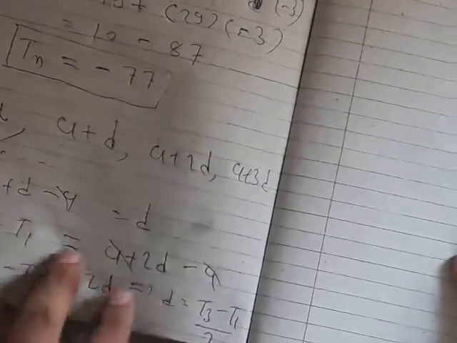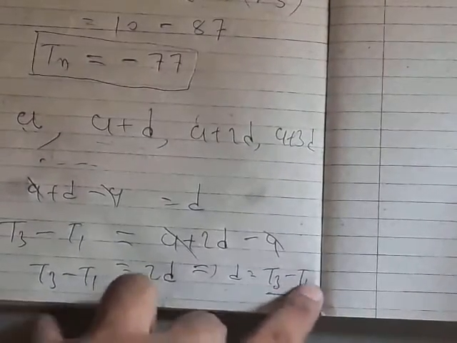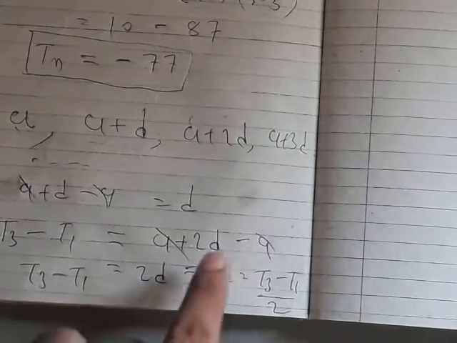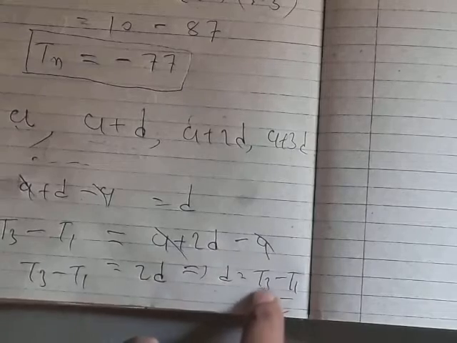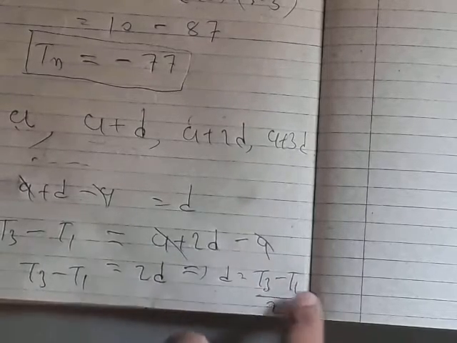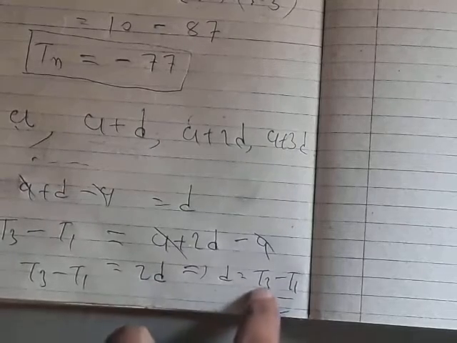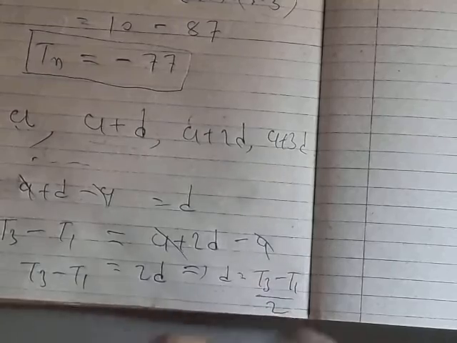If you observe, in T3 minus T1, 3 minus 1 is 2. So it means we can find D by this kind of formula: you can take any term, and in the divisor you subtract the number of the term, third term so 3 minus first term 1, that is 2.